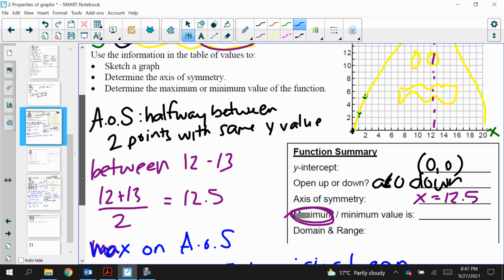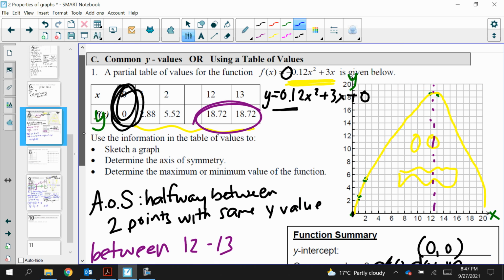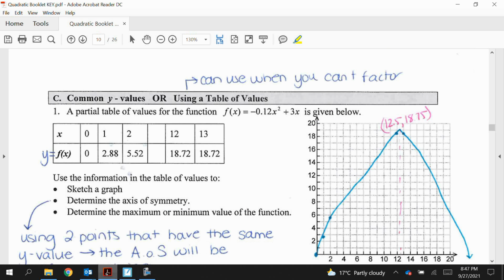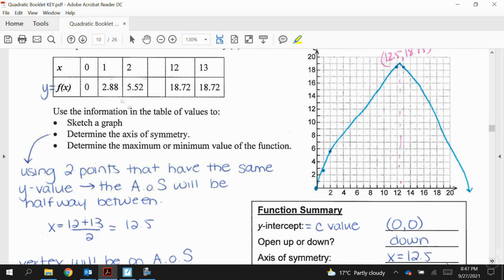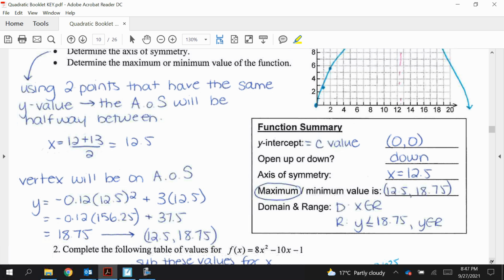There's a 0% chance I'm doing this without a calculator. 0.12 x squared plus 3x, where x is 12.5. You put it in your calculator and get 18.75 as the value of your maximum.